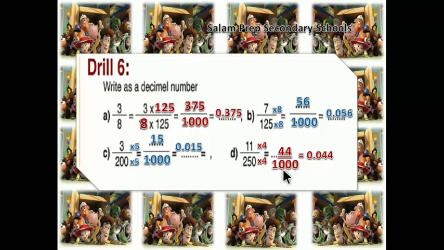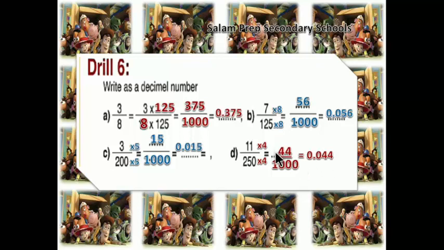1000 means we have tenths place, hundredths place, thousandths place, okay? Put this 4 in thousandths, and put the next 4 in hundredths.